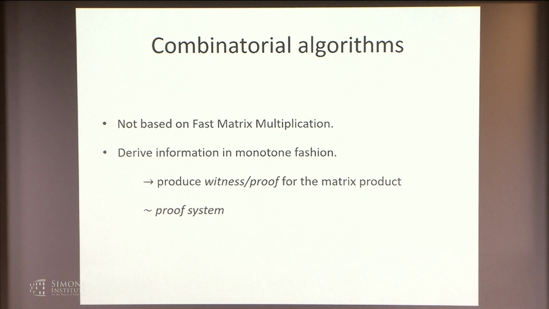It's trying to derive information about the entries of the matrix in some incremental monotone fashion. That's what we would like to have as a definition of combinatorial algorithms, although we don't quite manage to capture everything. This is the direction we would like to go.